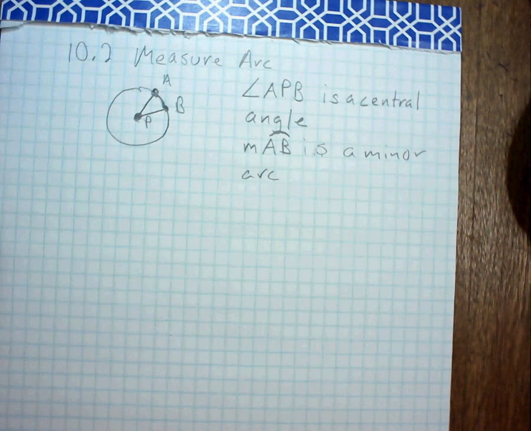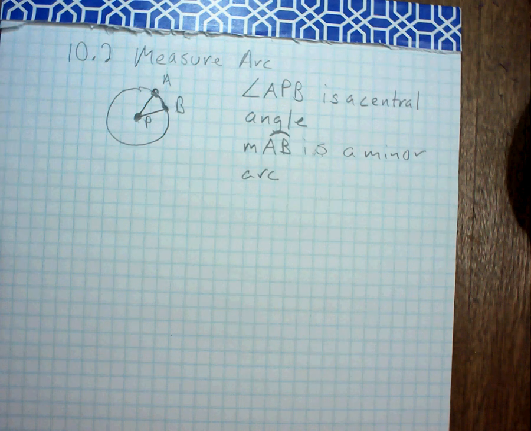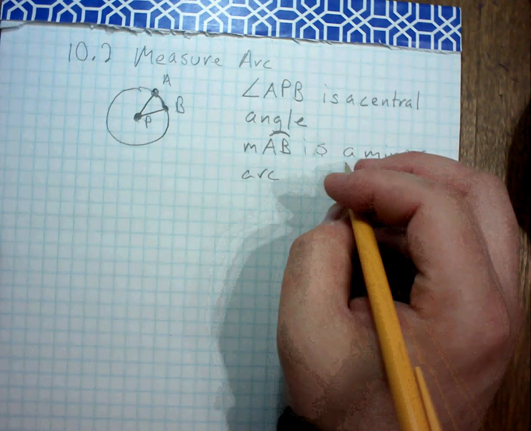The formal definition of a minor arc, it's hard to describe, but there's a formal definition. So let me start with the informal definition. A minor arc is the smaller one, but it's usually less than 180 degrees.